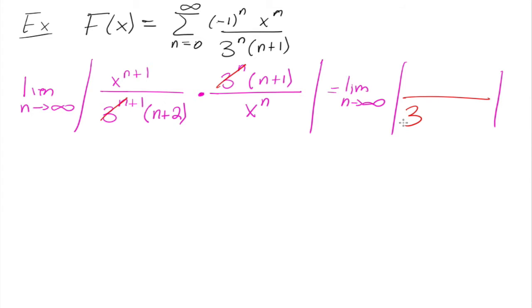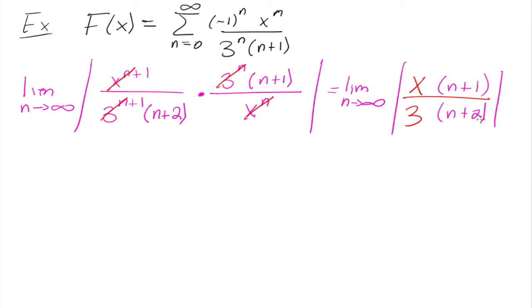I can get rid of the x to the n plus 1 and the x to the n, and just have an x left over on top. And then I have n plus 1 over n plus 2. Okay.